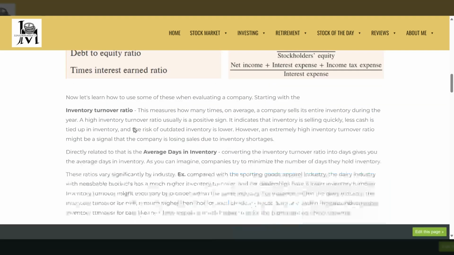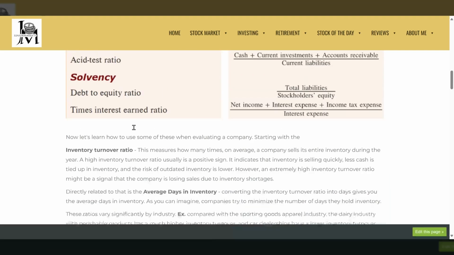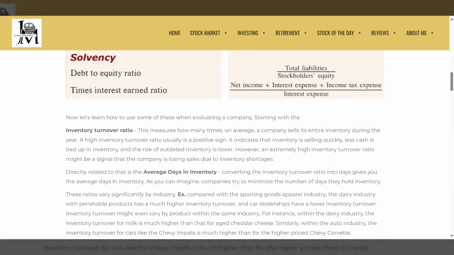Whereas if companies lend out to people who have lower credit or are less likely to pay back, then they're giving out inventory, but the other people aren't likely to pay back, so they're not going to receive these accounts receivable. So it's important to have a high receivables turnover, especially for companies such as wholesalers. That's where this ratio can really be used.